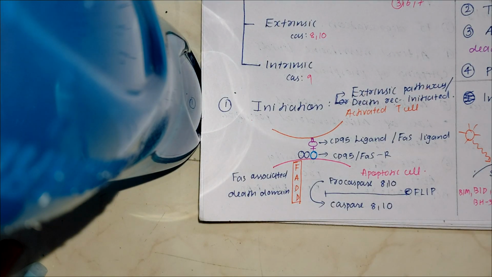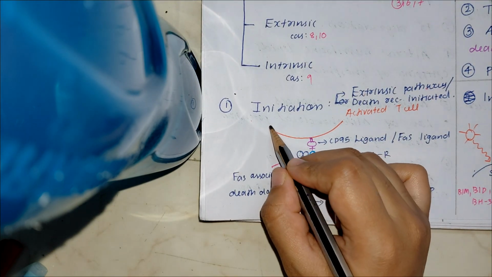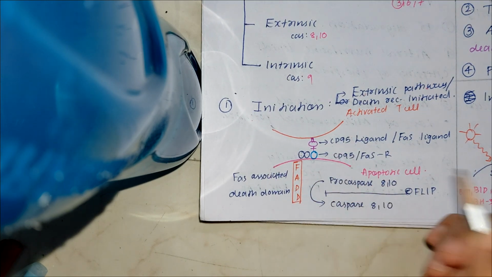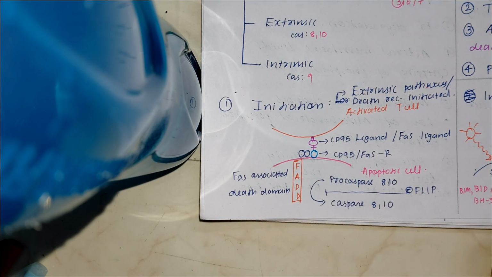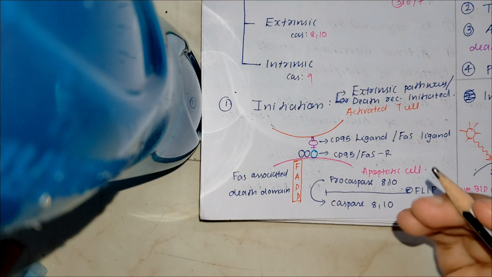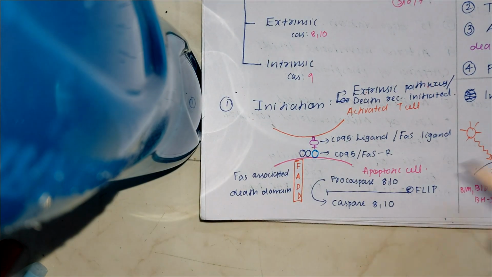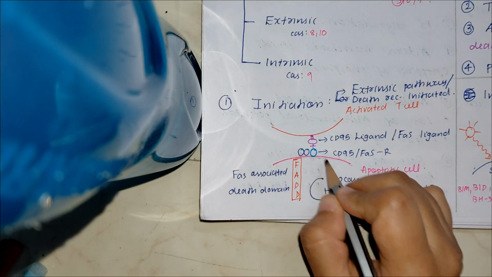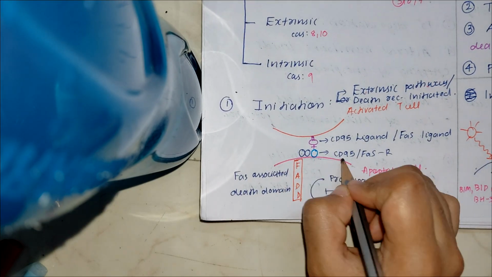I'll be using my pencil. As you can see, I have drawn an activated T cell, and this is an apoptotic cell. What is an apoptotic cell? A cell that is going to die. This apoptotic cell has a receptor on the surface of its plasma membrane.